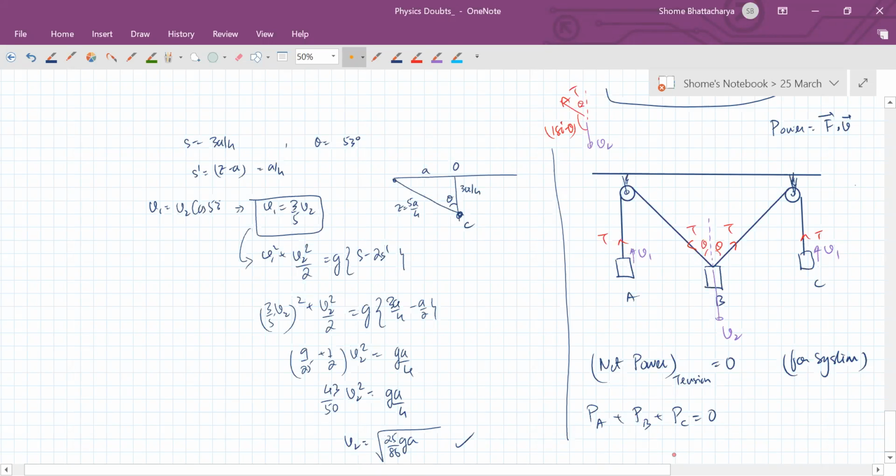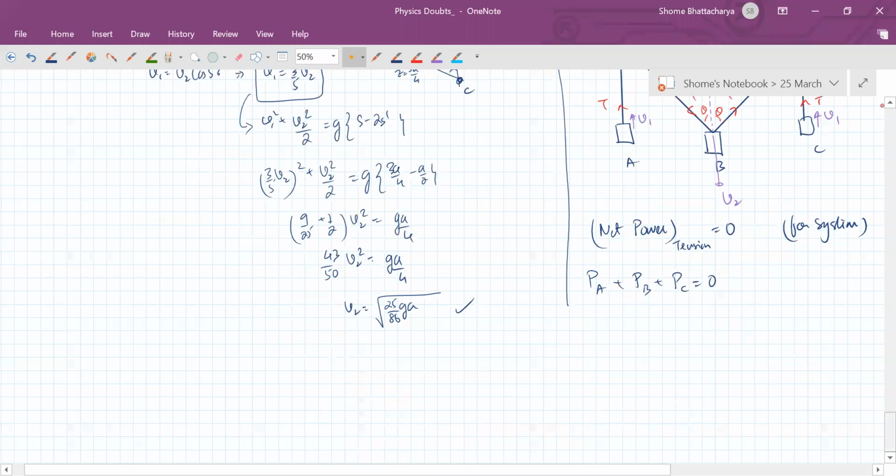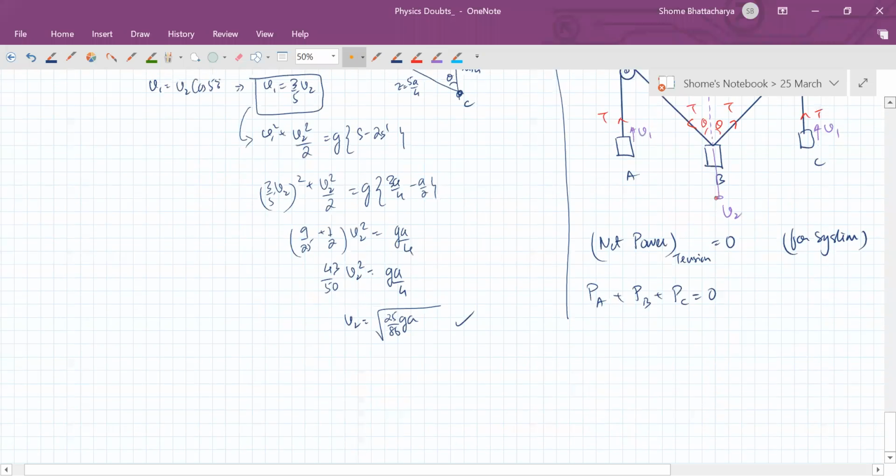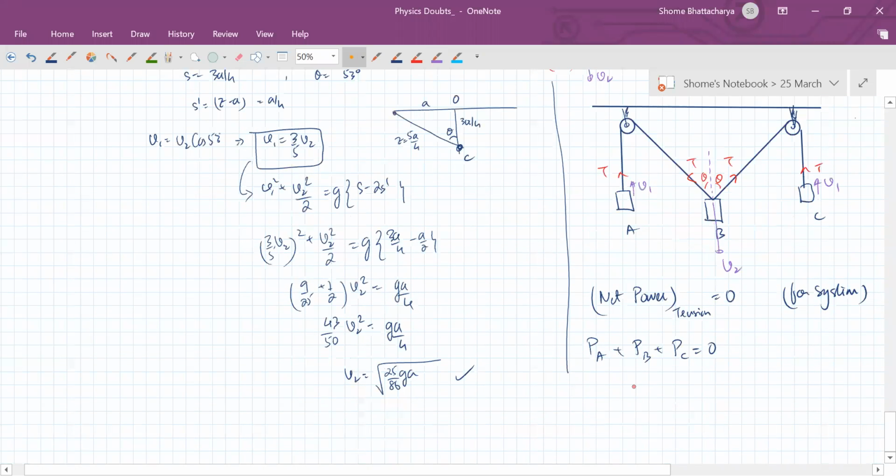So how much power each of these tensions is delivering at B? It is 2T cos of 180 minus theta, so that will become minus 2T V2 cos theta. Whereas A is delivering plus T V1, because the angle is 0 between velocity and this tension, and C is also delivering plus T V1.